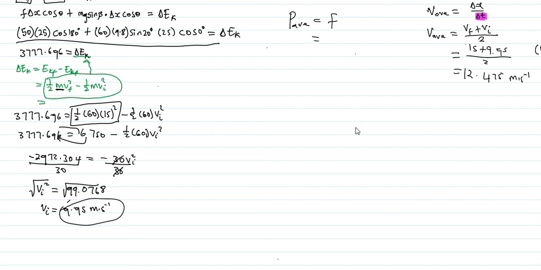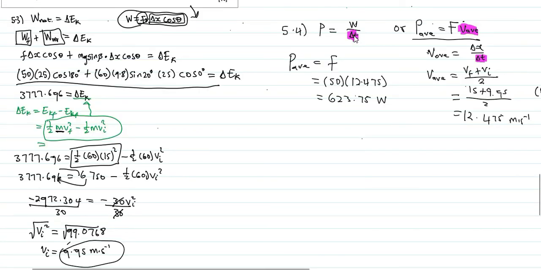So you can come here, we have the frictional force to be 50 Newton, and then the average velocity, this is going to give us the power. Now let's try to use this formula and see if we can get the same answer.